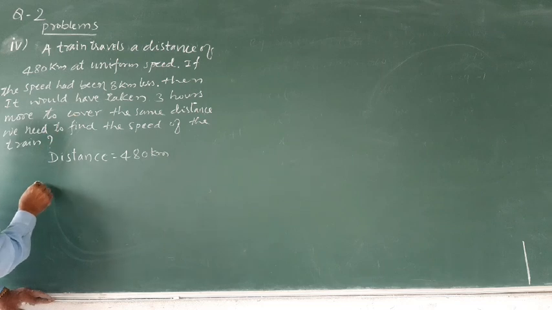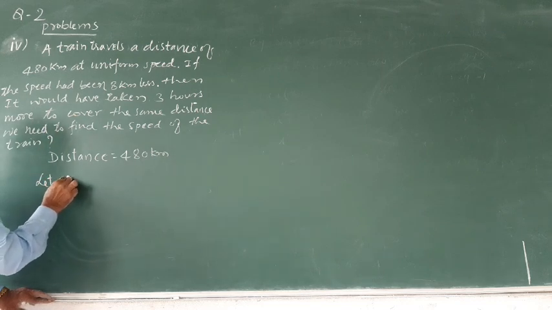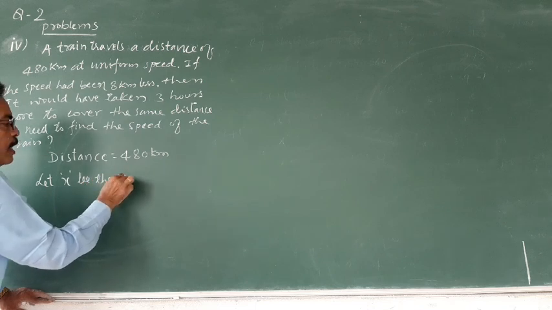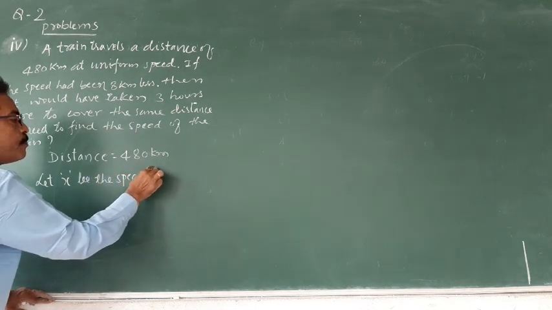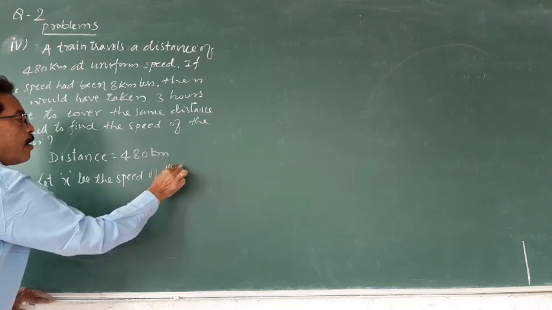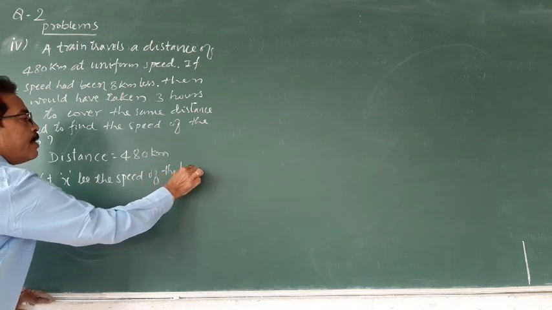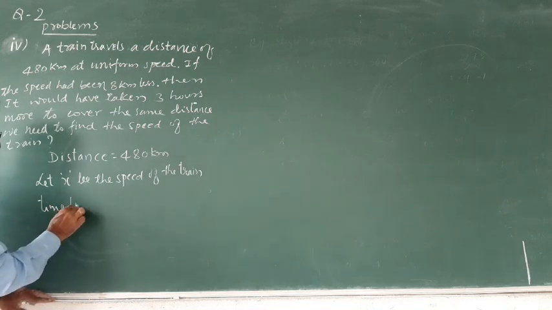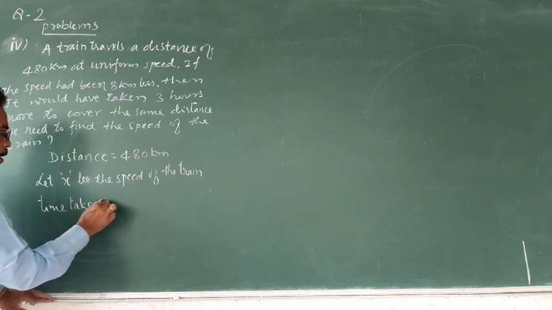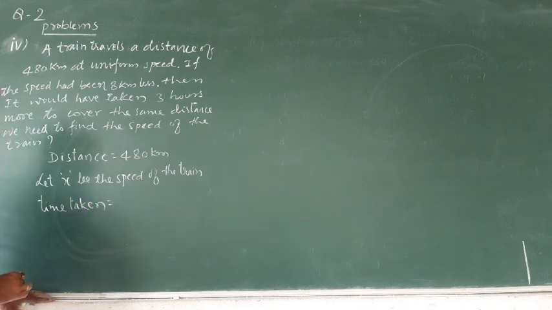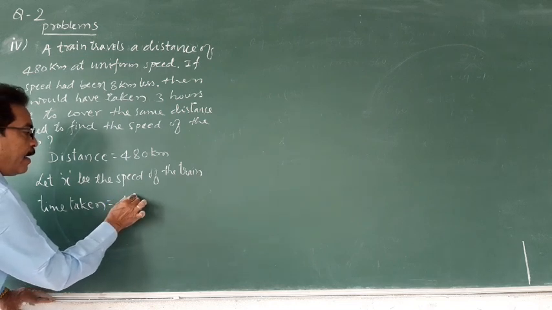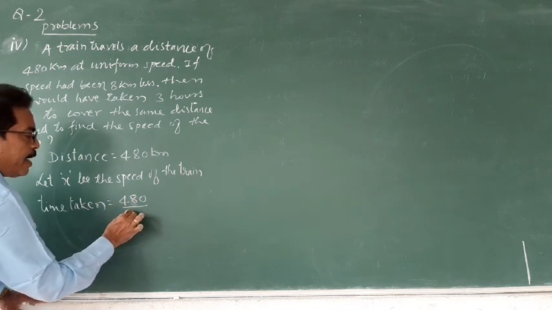That means let x be the speed of the train. Okay, now time taken equals distance divided by speed, that is 480 divided by x.